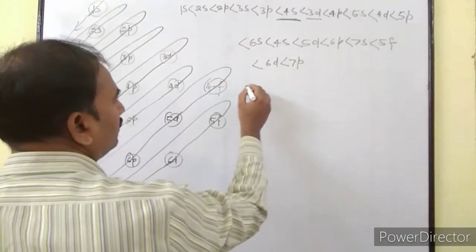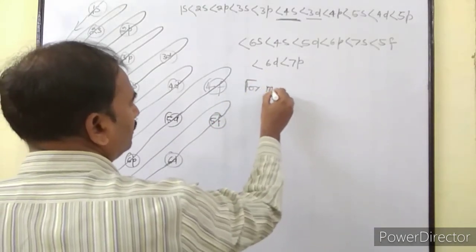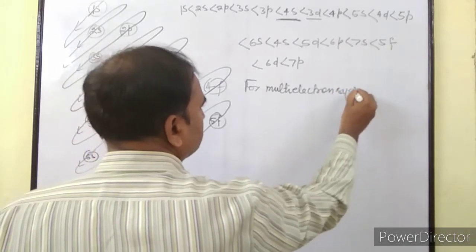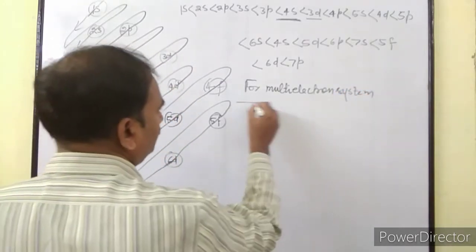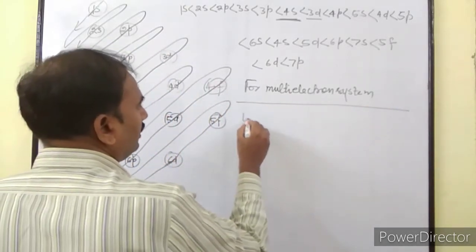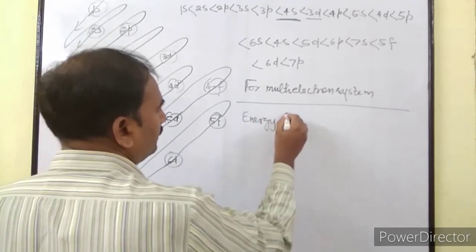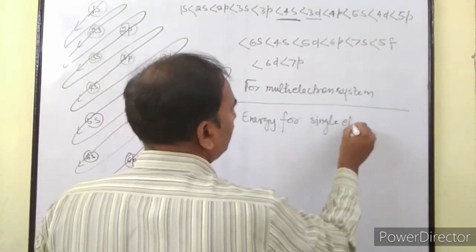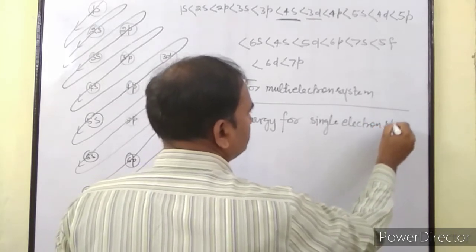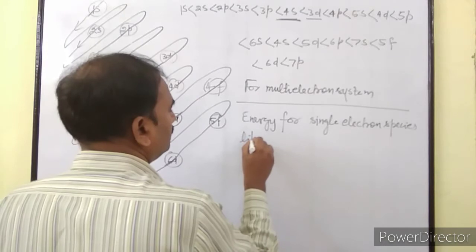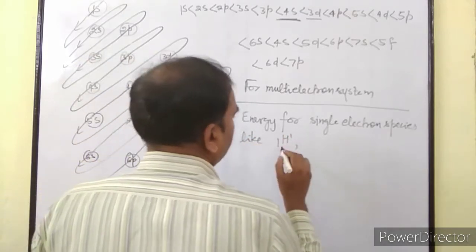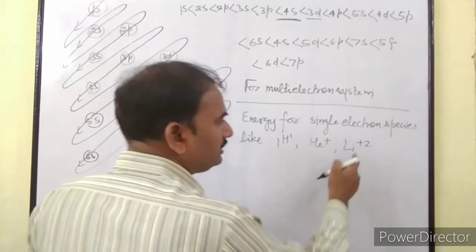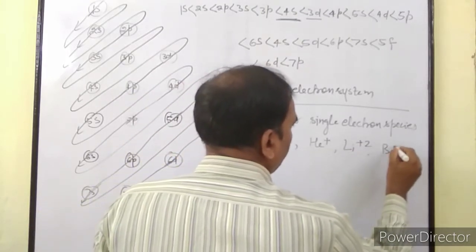This is valid for multi-electron system or multi-electronic atom, but energy for single electronic system, single electron species like 1H1, He plus, Li double plus, lithium double plus, beryllium triple plus.